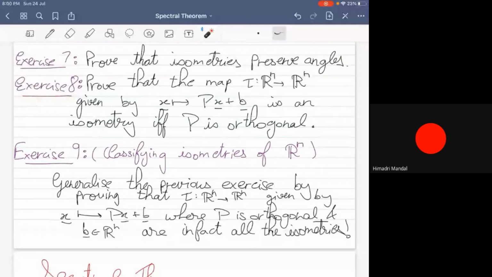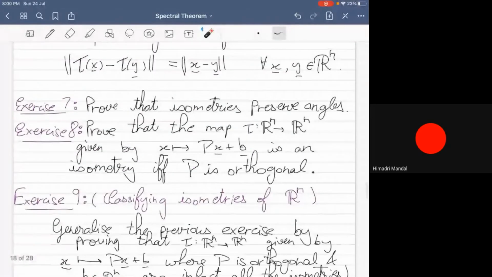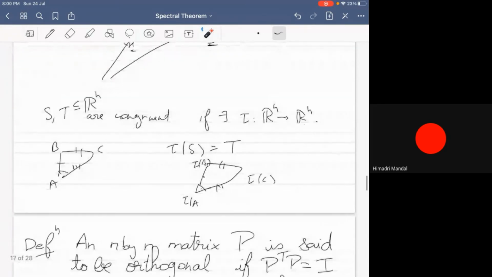Will that be true for higher dimensions? That thing will also be true for higher dimensions. How is the angle different? Oh, okay.